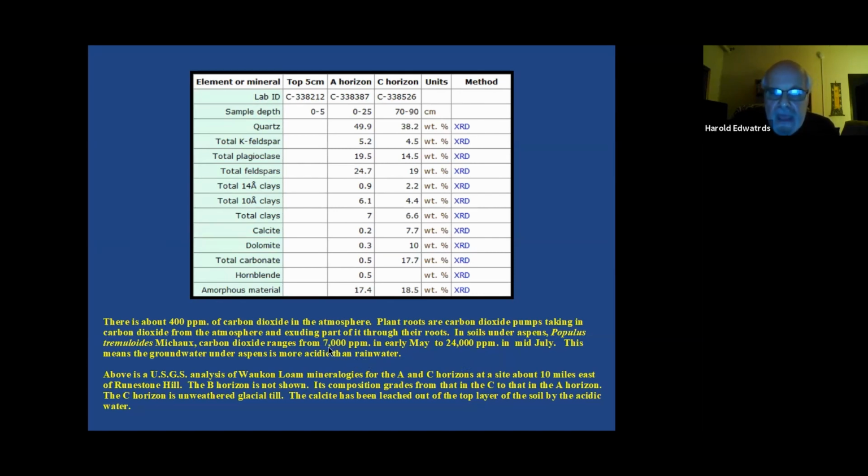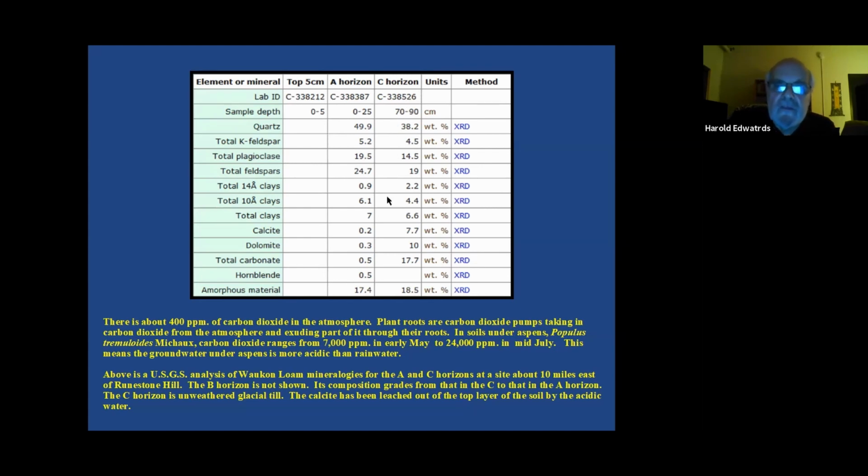You can think of roots as being carbon dioxide pumps. As trees take carbon dioxide from the atmosphere, they exude about 1/3 of that carbon dioxide through their roots, and they're spraying whatever is in the soils. This is a chemical analysis of a Wakhan loam site. It's about 10 miles to the east of the Ullman Farm.